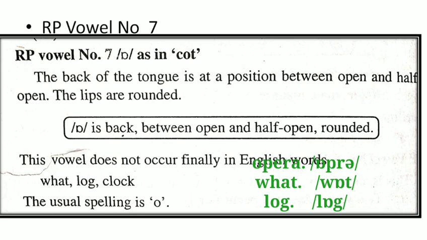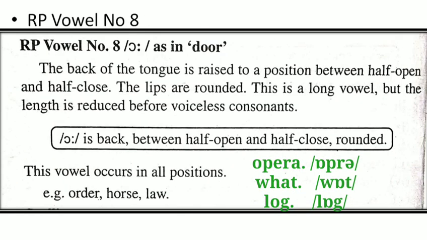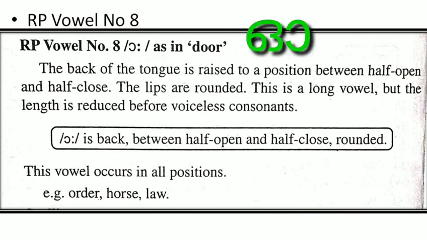RP vowel number 8, O as in door. The back of the tongue is raised to a position between half open and half closed position. The lips are rounded, so this is a rounded vowel. This is a comparatively long vowel, but the length is reduced before voiceless consonants. O is a back, between half open and half closed, rounded vowel.